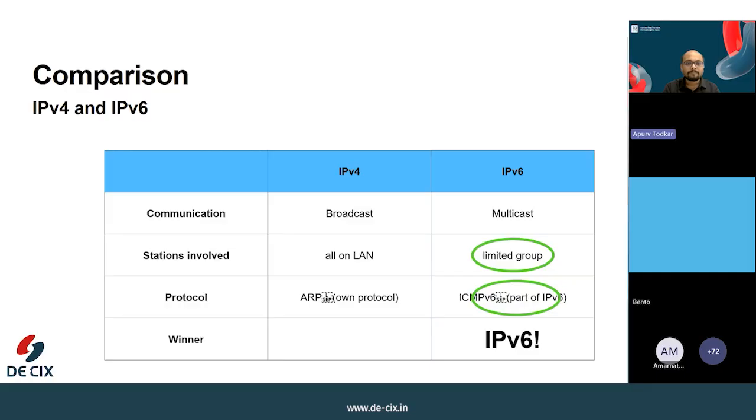So here IPv6 clearly wins in this comparison. Now the protocol that we use in IPv4 is ARP, which is a separate protocol. But in IPv6, we use ICMPv6, which is a part of IPv6 itself. So again, from a standardization point of view, IPv6 wins this too.